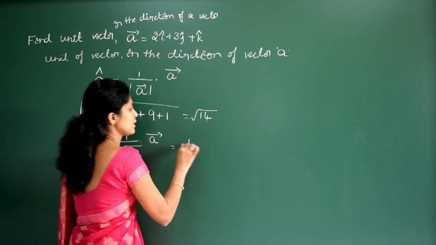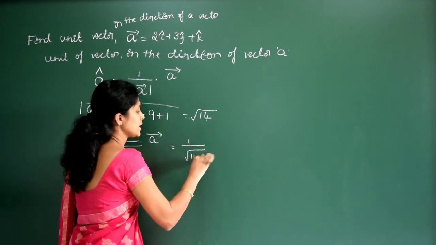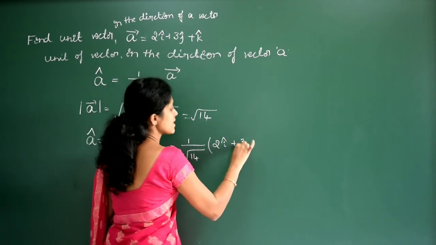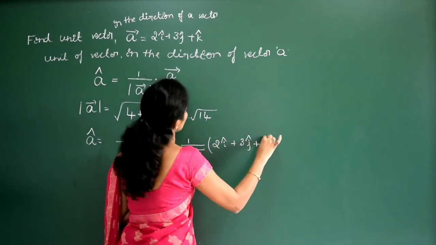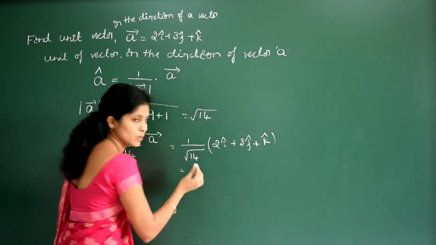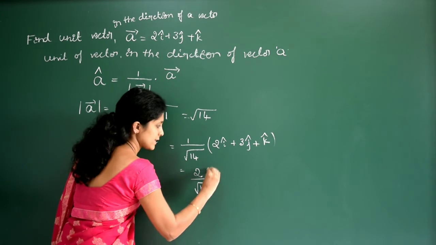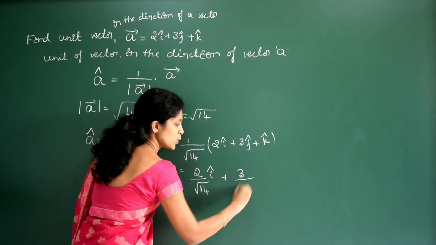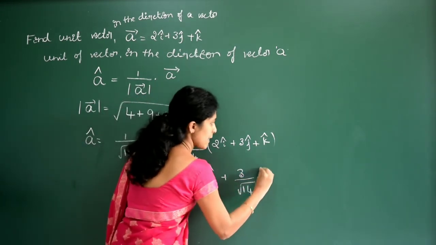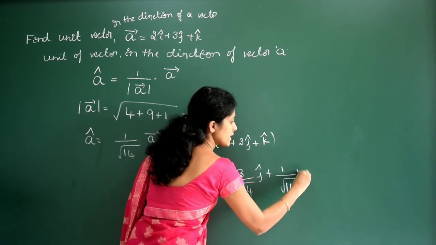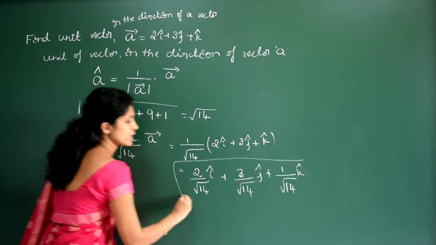So it will be 1 by root 14 into (2 i cap plus 3 j cap plus k cap). So this is equal to 2 by root 14 i cap plus 3 by root 14 j cap plus 1 by root 14 k cap. So this is the unit vector of the given vector.